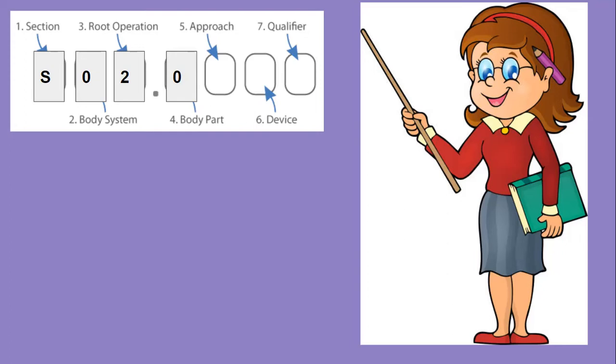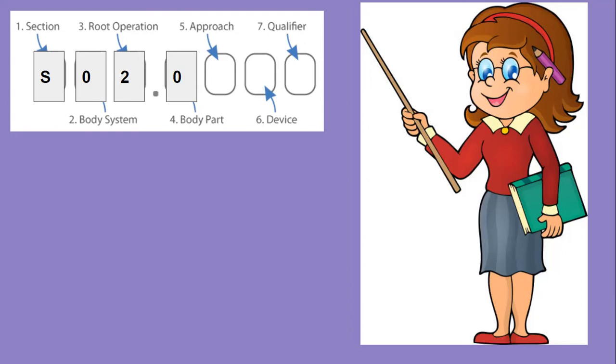Okay, let's do another one. So let's look at S01.95. That's 1, 2, 3, 4, 5. An open bite of unspecified part of the head. And let's use sequela, the S. I've got to write it down because I've got to count it.